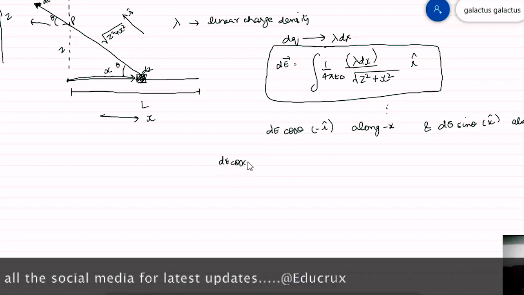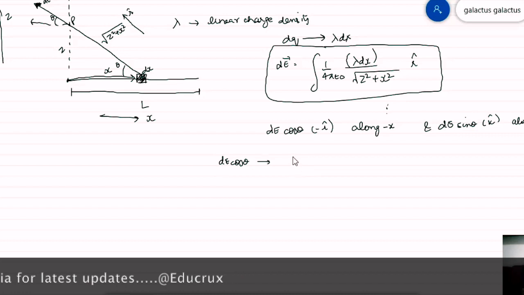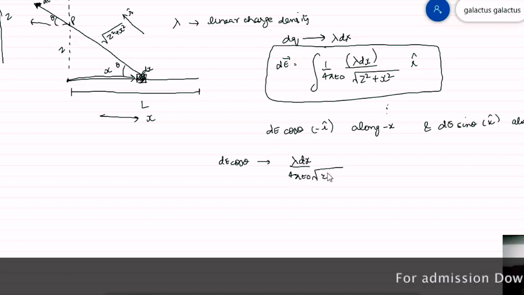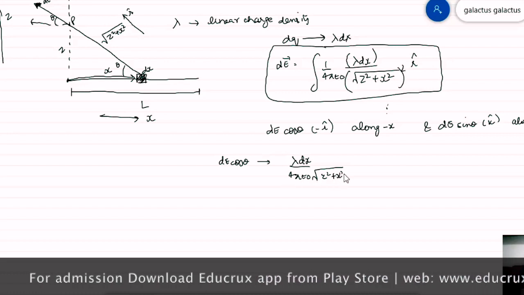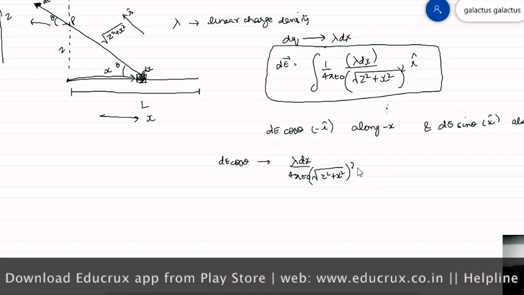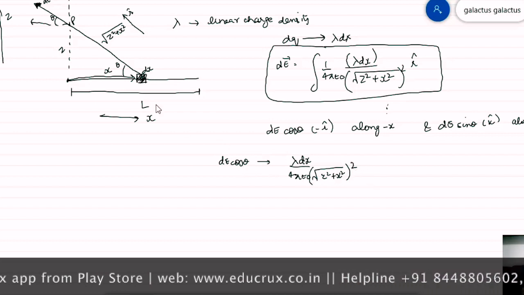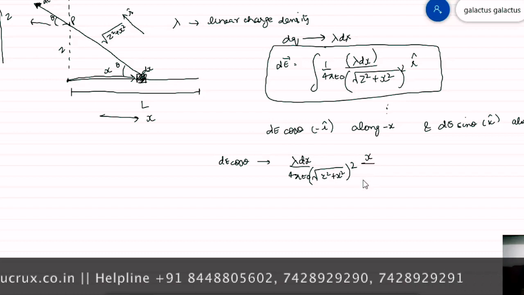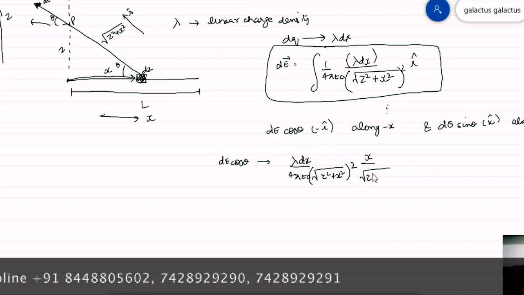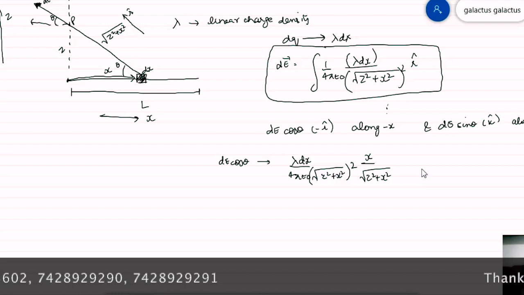dE cos theta is equal to lambda dx upon 4 pi epsilon naught under root z square plus x square, whole squared, into cos theta, and the value of cos theta is x upon under root z square plus x square.